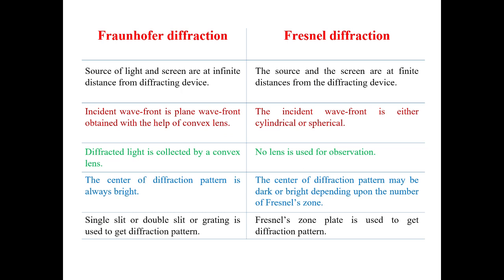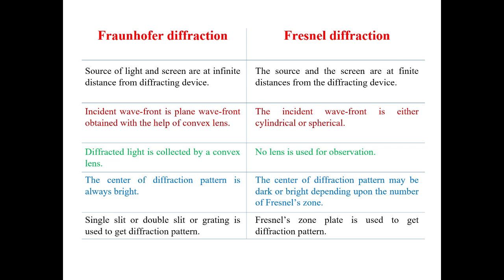There are a few more differences between Fraunhofer diffraction and Fresnel diffraction. In Fraunhofer diffraction, source of light and screen are at infinite distance from the diffracting device. In Fresnel diffraction, these distances are finite. In Fraunhofer diffraction, the incident wavefront is a plane wavefront, and in Fresnel diffraction, either cylindrical or spherical wavefront is used.